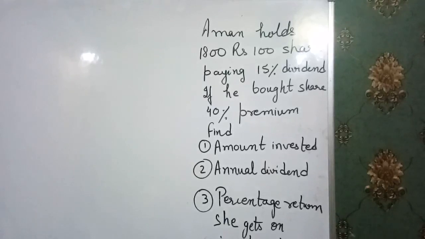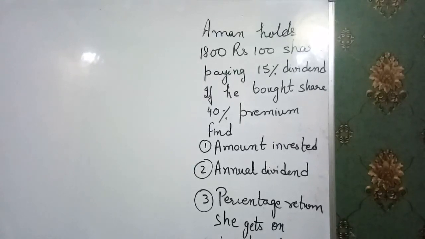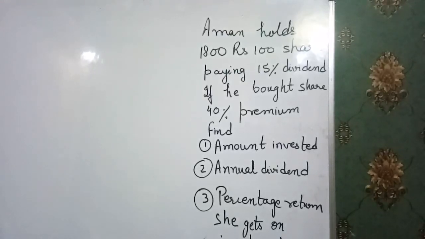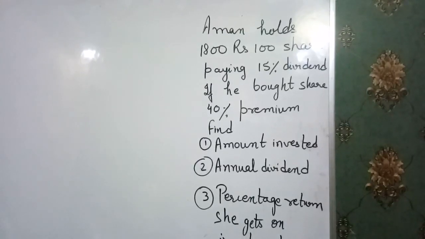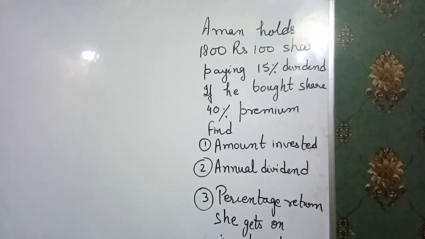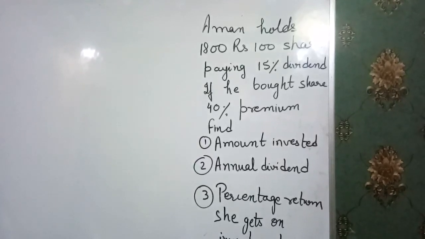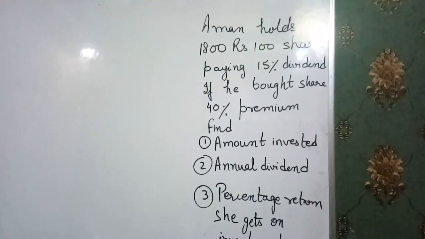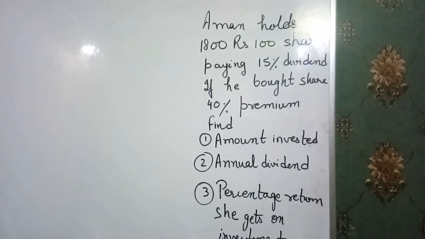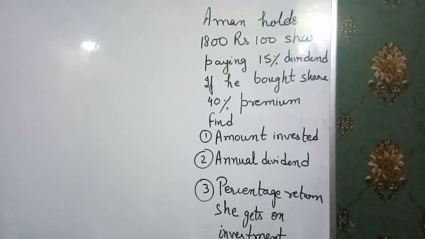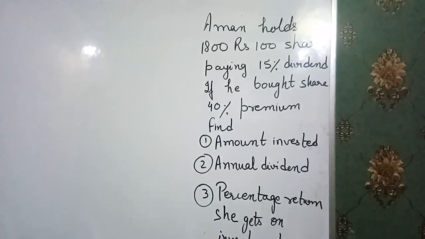It means that he buys the share at a value higher than the face value of the share. Now we have to find three things. Amount invested. What is amount invested? That is the money invested by the shareholder. Second, the annual dividend received by the shareholder, and the percentage return.